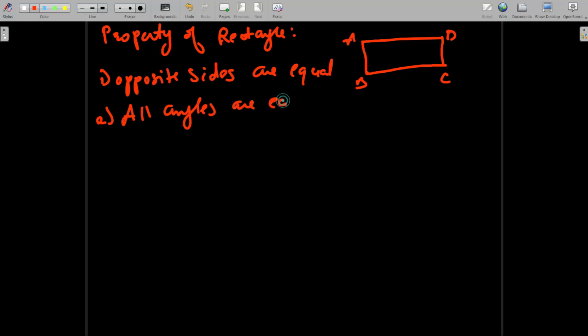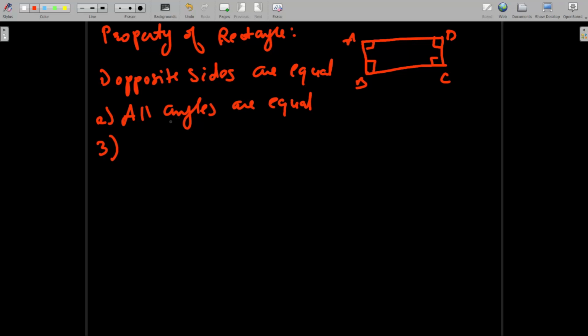The third property is that opposite angles are equal. Here, if we see the opposite angles, this is 90, this is 90, this is 90, and this is 90. So when you say all angles are equal or opposite angles are equal, it is one and the same thing.